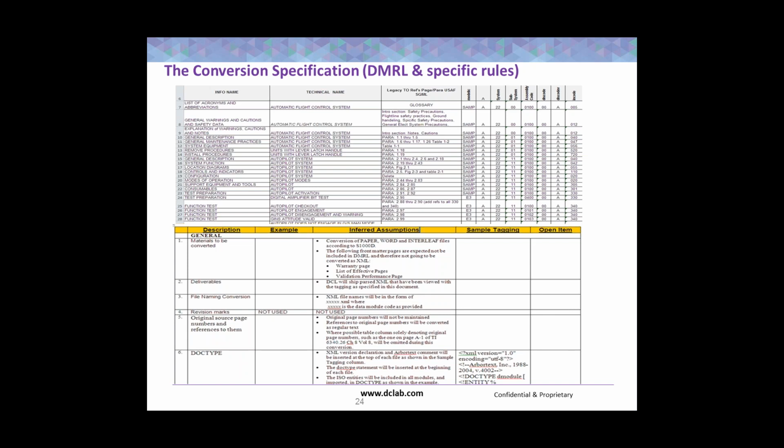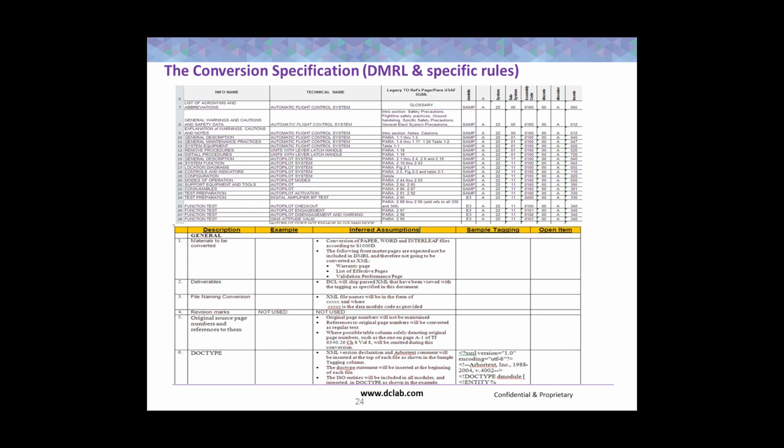This is why sometimes it's better to prepare your data before creating your skeleton DMRL, which is basically just extracting the titles, because I'm not talking about assigning a data module code. That's really a totally separate webinar and sometimes requires subject matter expertise on data module requirement list and on your data itself.